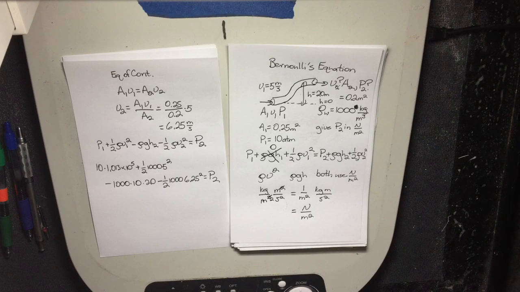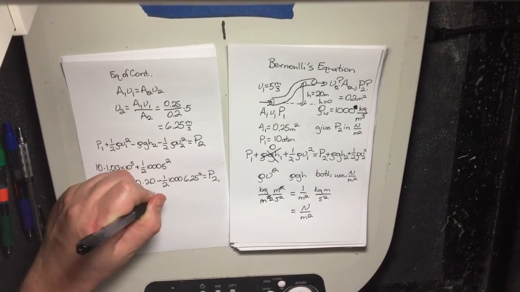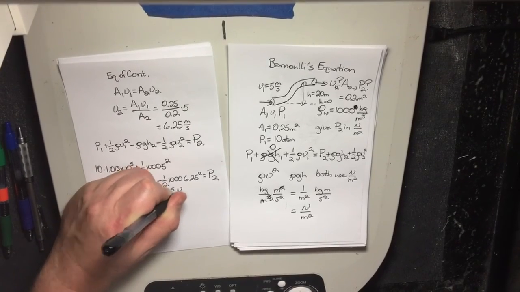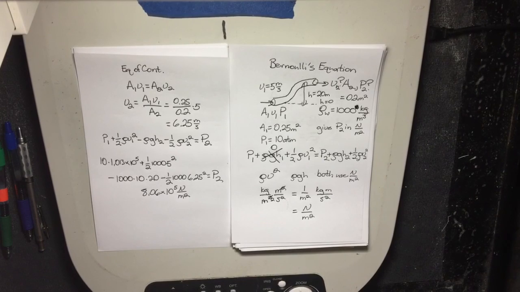This is another reason why when I write a test, I have to make sure the numbers work out. This may put out a negative number, though I doubt it. Yes. So this is 8.06 times 10 to the 5th newtons per meter squared. And so that gives you the pressure in newtons per meter squared.